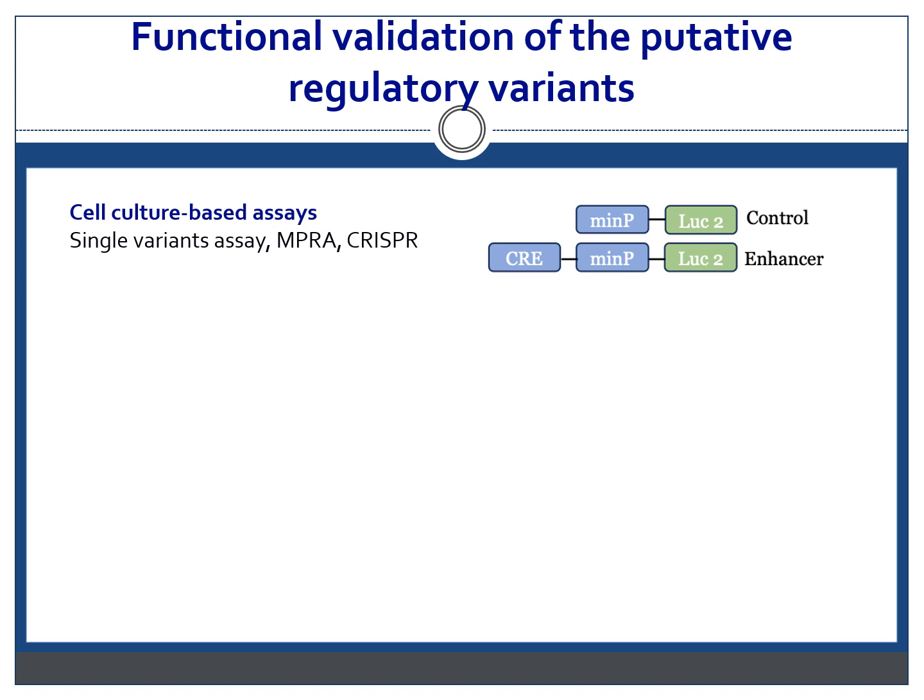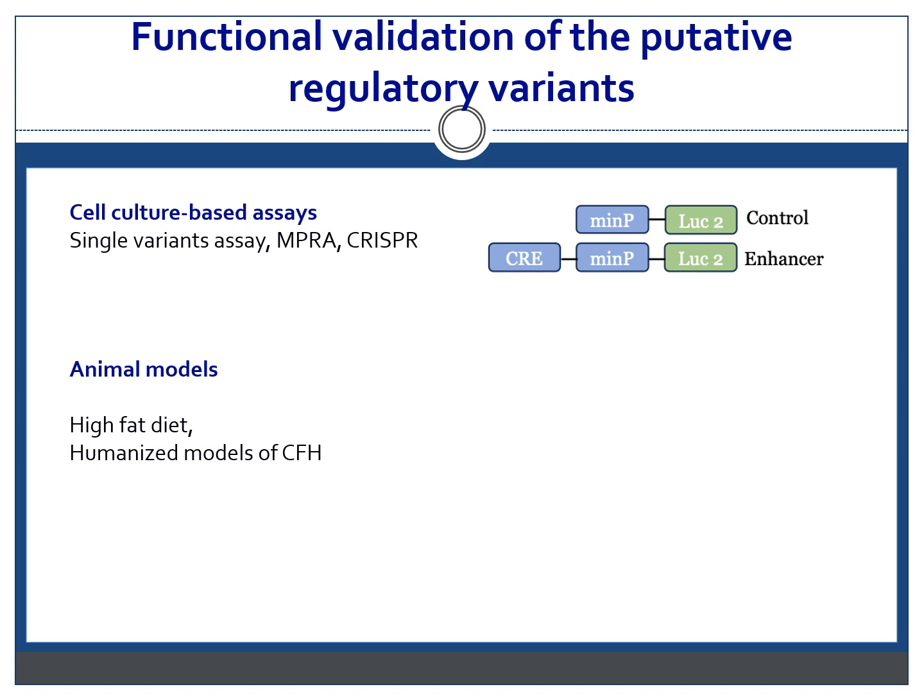The highly parallelized version of that is called MPRA, or Massively Parallel Reporter Assay, where you could test several hundred thousand cis regulatory elements, or CREs. Similarly, you could use CRISPR tools to delete or modify the CRE to infer and confirm the effect of the CRE on the gene expression.